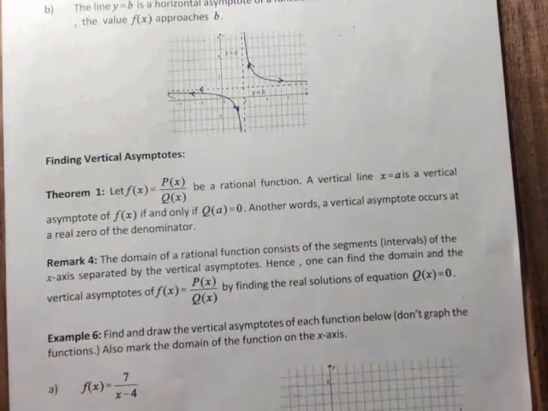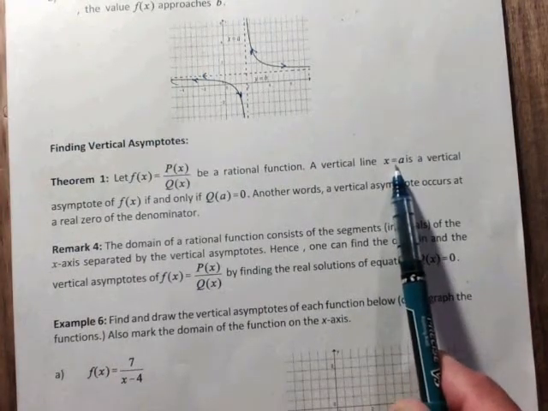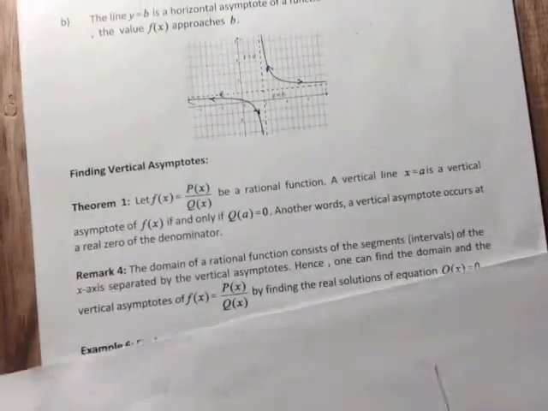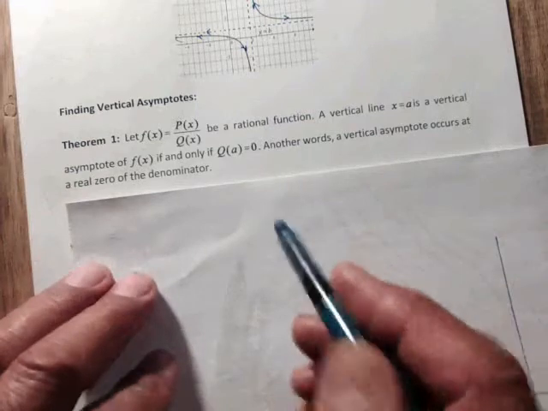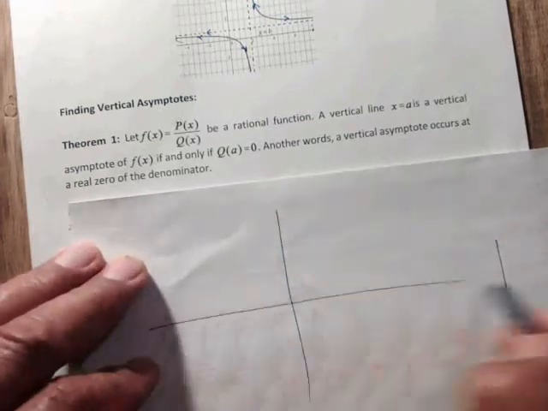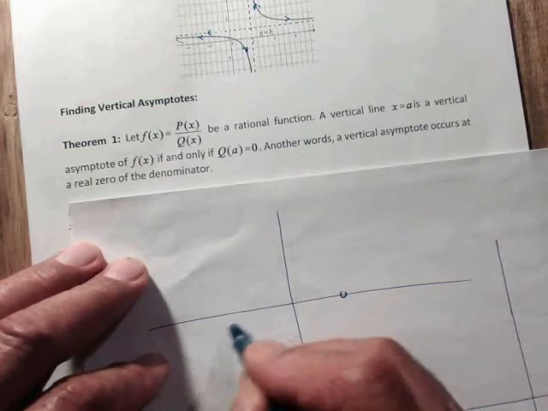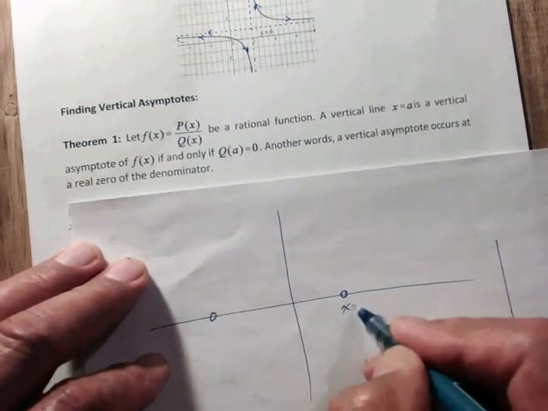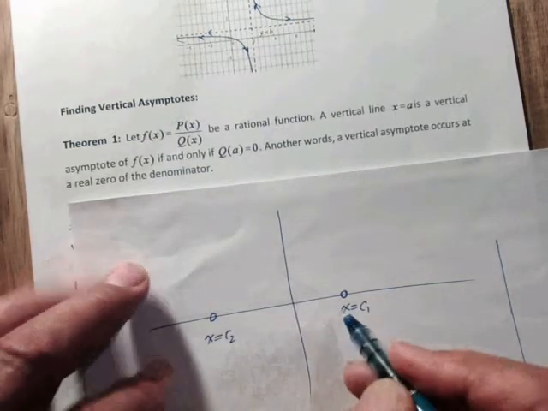As you can see, this number a that makes the denominator 0 is not in the domain at all. So that means when you draw the domain of a rational function, one point is missing here, one point is missing there. Let's say this is x equals c1, x equals c2.